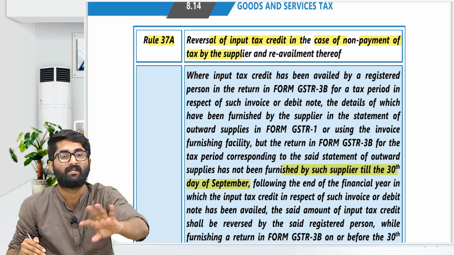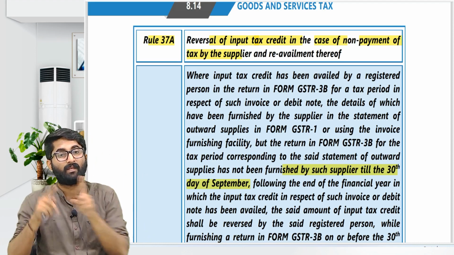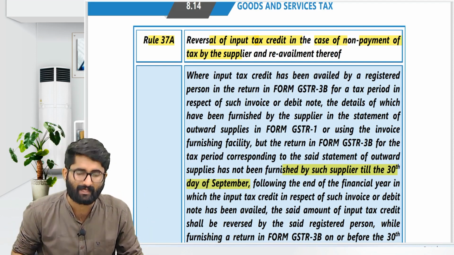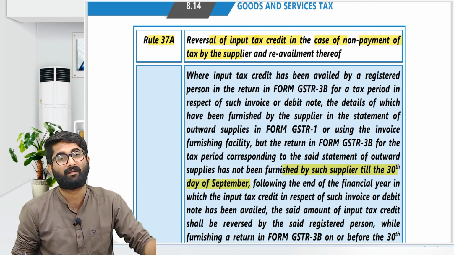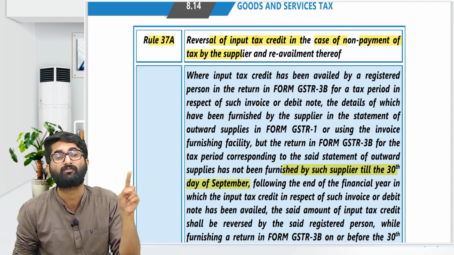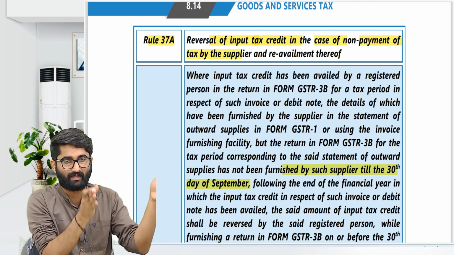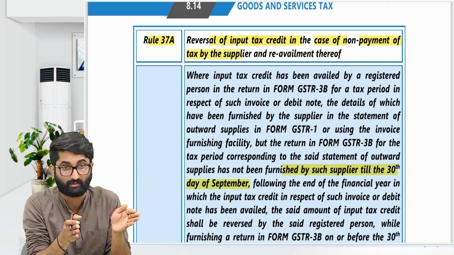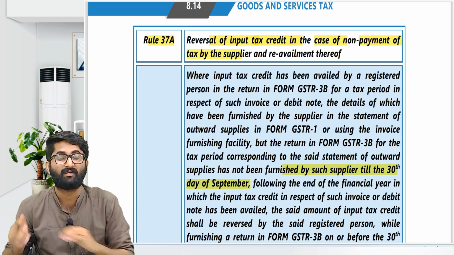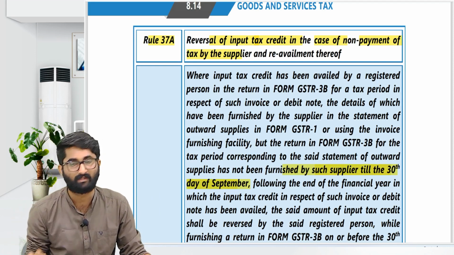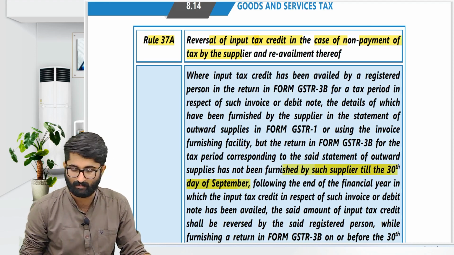The moment he files GSTR-1, I will get the ITC in my 2B, and I have availed it. Now I have to keep checking whether he has filed 3B or not. He has to file the 3B for the invoice related to one year by 30th September of the next year. What if he fails to file 3B?